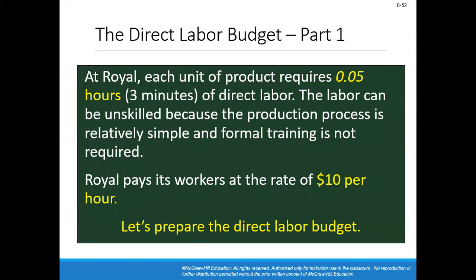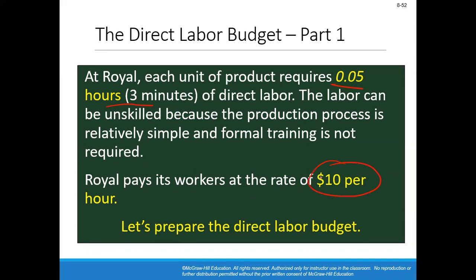At Royal, each unit of product requires 0.05 hours, or 3 minutes, of direct labor. The labor can be unskilled because the production process is relatively simple and formal training is not required. Royal pays its workers at the rate of $10 per hour.